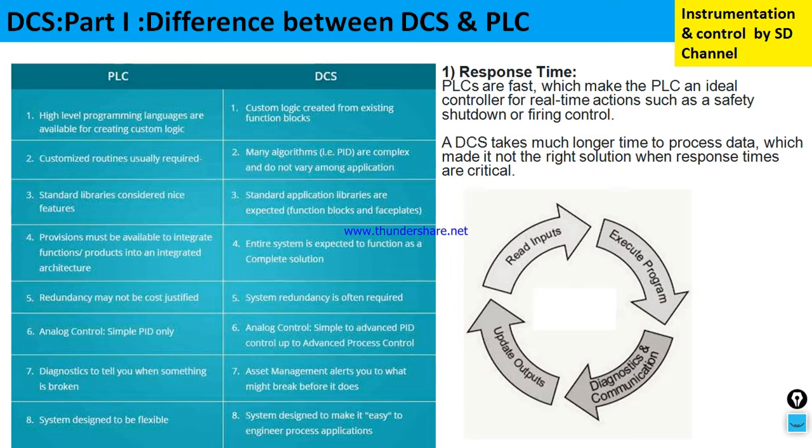One is the CPU, memory and IO section, that is called the controller part, and another is the SCADA. SCADA means supervisory control and data acquisition. In SCADA, you can simply see the graphics of the whole plant system, and you can give commands from the SCADA. So this is basically a user interface between the machine and the human.